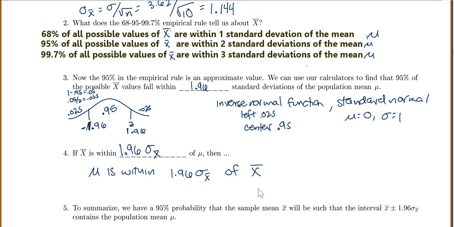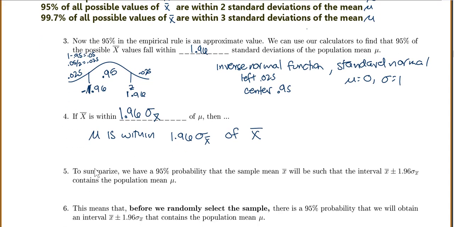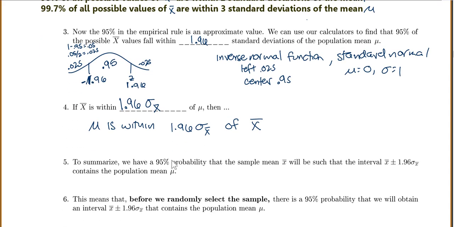Let's summarize this then. We have a 95% probability that the sample mean x bar will be such that our interval, x bar plus or minus 1.96 sigma for x bar, contains our population mean mu, because here we say mu is within 1.96 standard deviations of x bar.